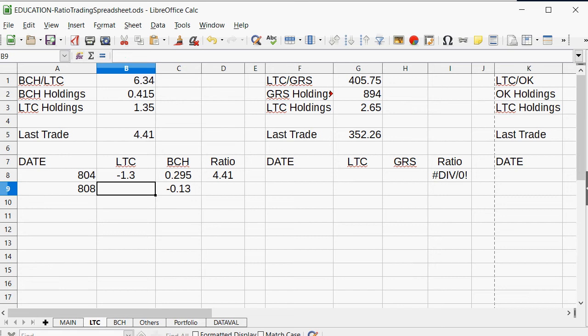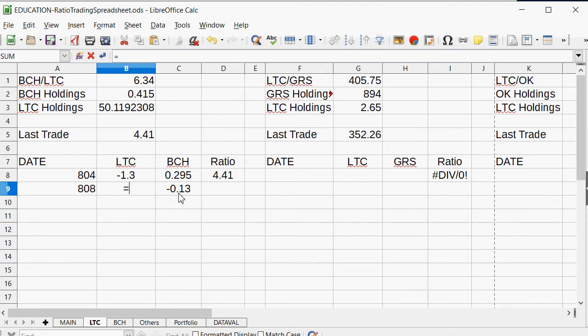So with the ratio at 6.34, it would equal 6.34 divided by negative this. And I'd end up getting, no I wouldn't.